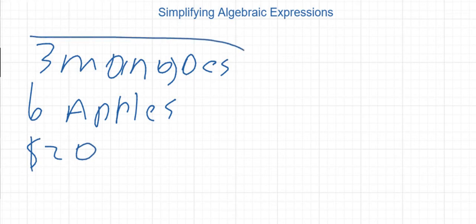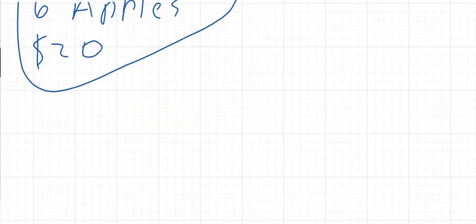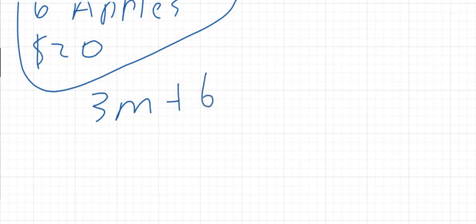Well, this information can be represented in a mathematical way. So we'll write this information by saying 3m for 3 mangoes plus 6a for 6 apples plus $20 for my $20 change that is left.